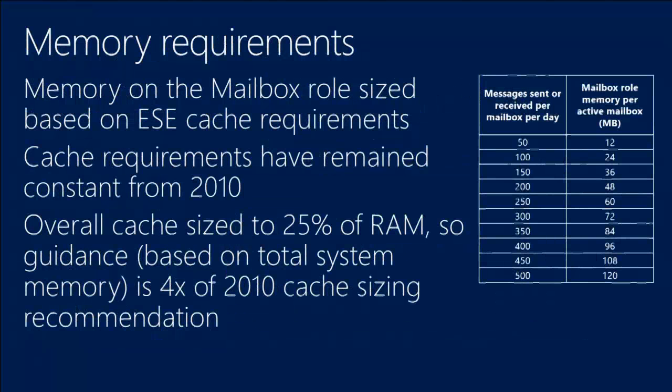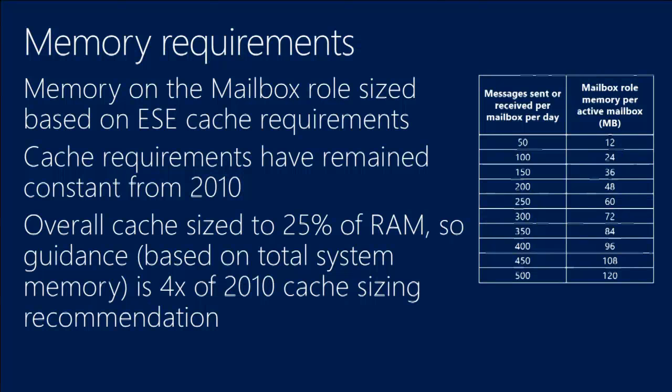So in terms of memory requirements, we really provide memory requirements based on database cache. Database cache is sized, like I mentioned, based on 25% of the available memory on the system. And the cache requirements have really stayed static from 2010 to 2013.